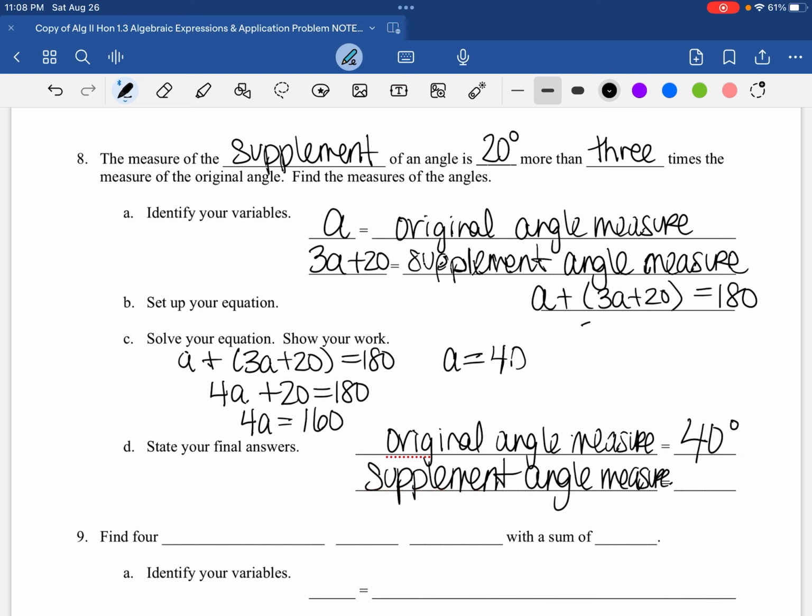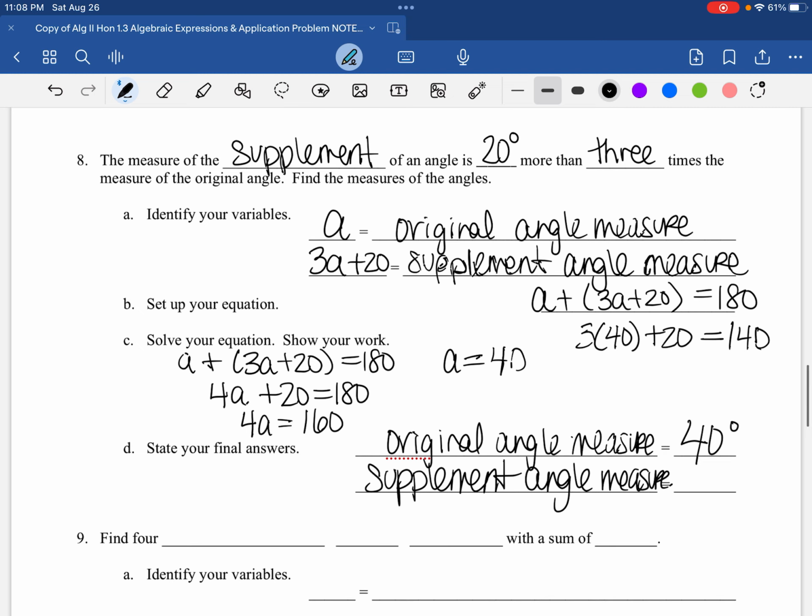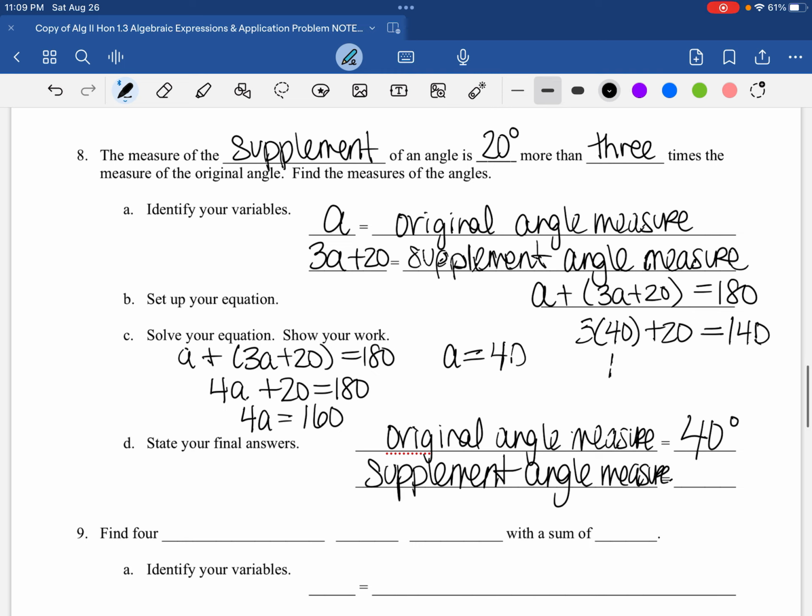You could either substitute 40 in for A and get 140, or you can have 180 subtract 40 to get 140 degrees. Okay, and that would be my answer.